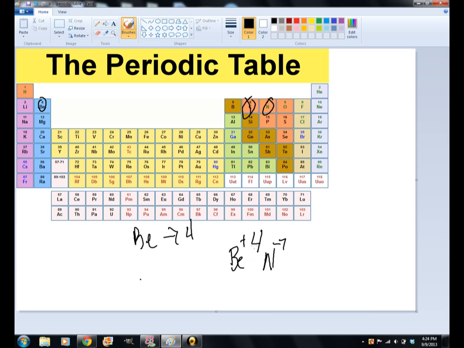So for 4 to get to 4 divided by 28 is 7. And for nitrogen, times 4. So there you have the subscripts.